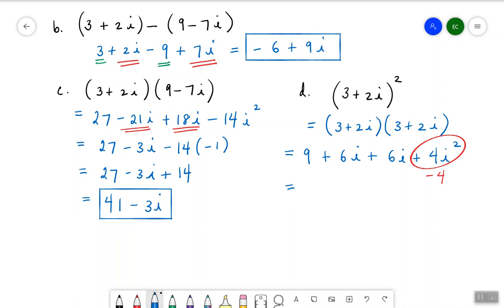And so then you have 9 minus 4, which is 5. And you have 6i plus 6i, which is 12i. Okay, let's stop right there. And in the next video, we'll do the division.